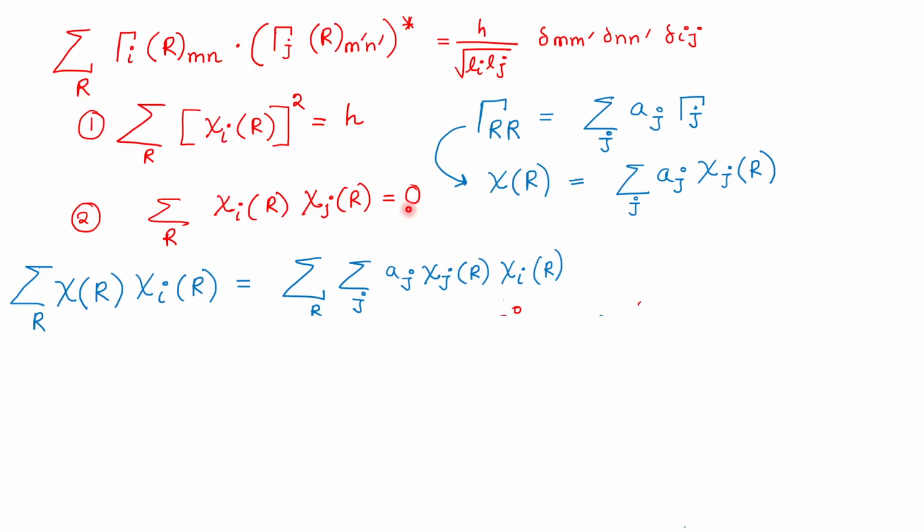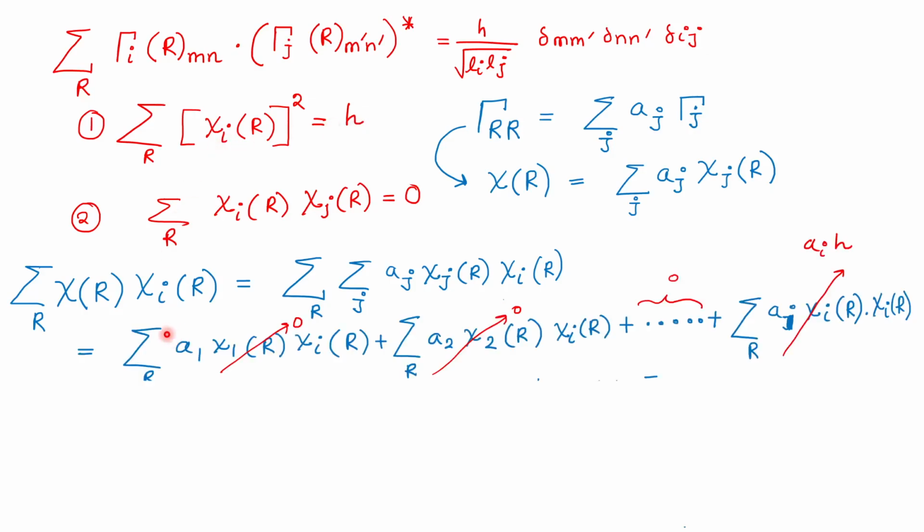When they are equal, that is going to give me h, the order of the group. Now let me show you the next line. Sum over R, a1 chi 1, chi i, a2 chi 2 of R. But don't forget the sum over R is there. Even you can take a bracket here. Sum over R you can write only once.